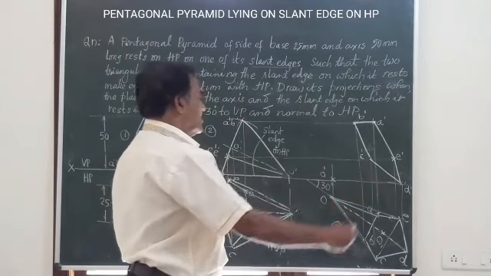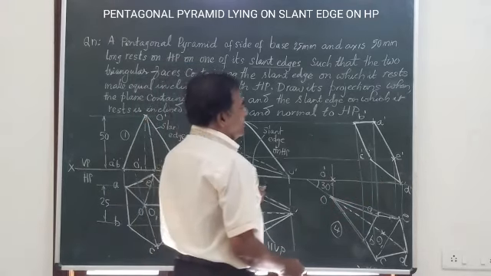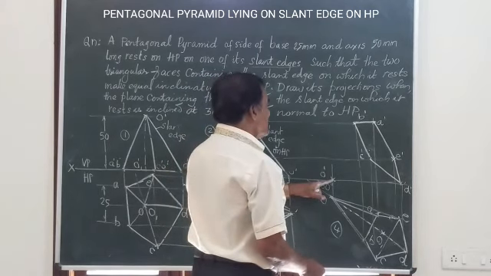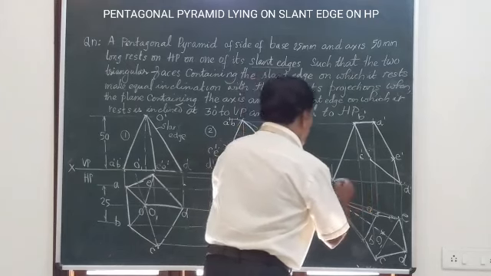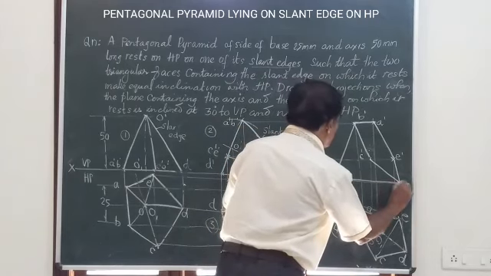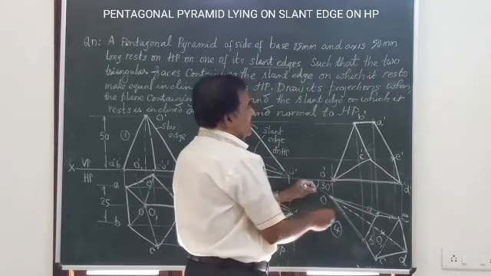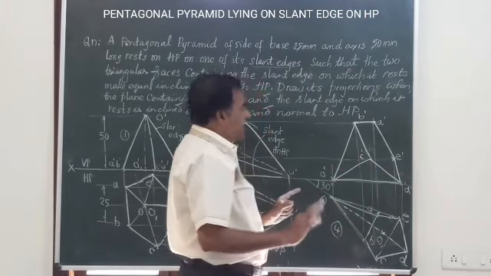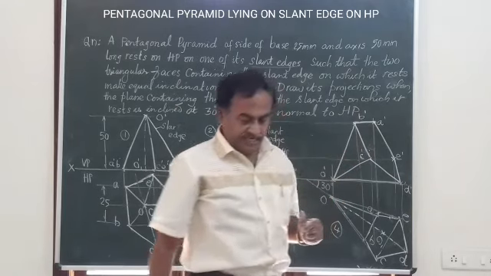They are all the 5 corners of the base of the solid, they are visible. Now let me join the vertex to all the corners of the base. So O dash to B dash, a full line. O dash to D dash, the generator on which you think is a full line. O dash to C dash is again a full line. Now finally I have to obtain the slant edges O dash E dash and O dash A dash.